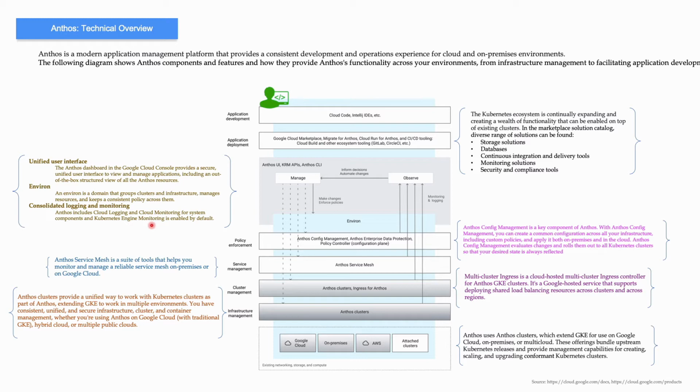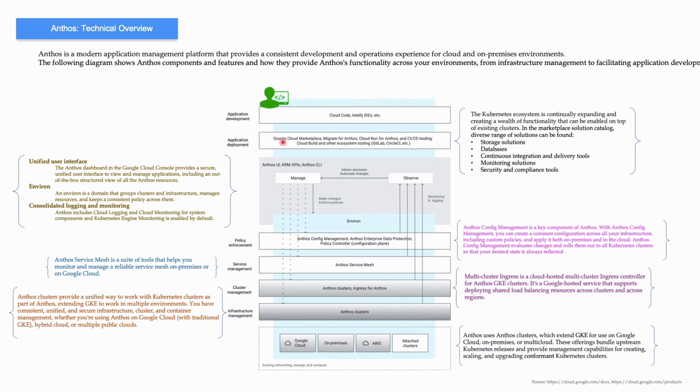Now, at this point, the product is ready in terms of Anthos, but a product is only as good as how easily extendable it is to the ecosystem. That's where the whole application deployment layer comes into the picture.